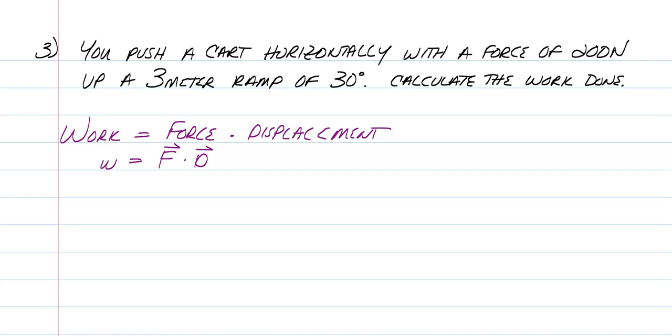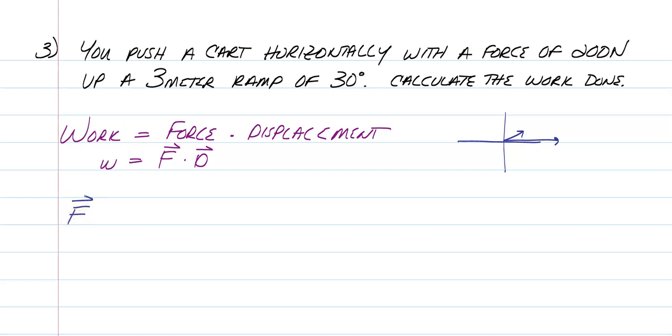In terms of this, all you want to think about is that horizontally, you would be going 0. And then we're going to have our 3-meter, 30-degree ramp, and we're going to calculate the amount of work that is being done. To do that, what we need is our force vector.